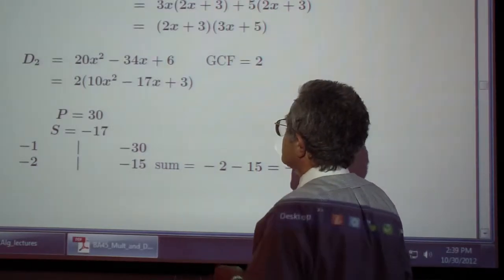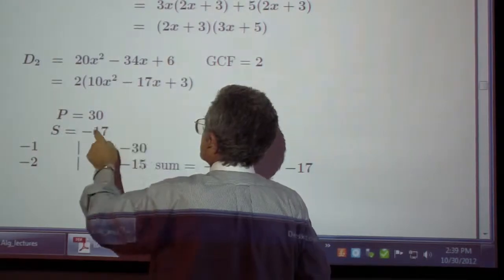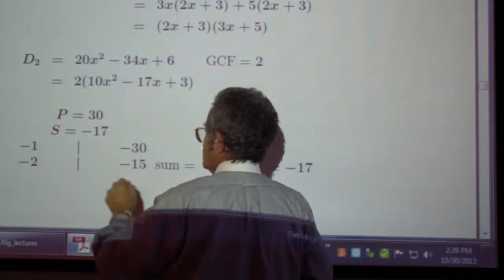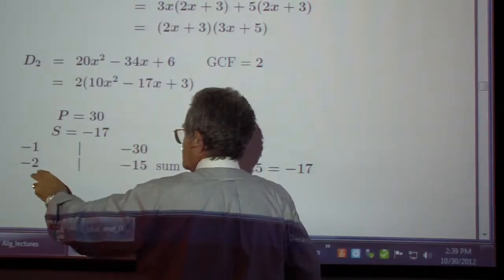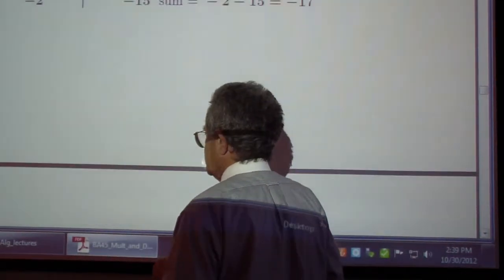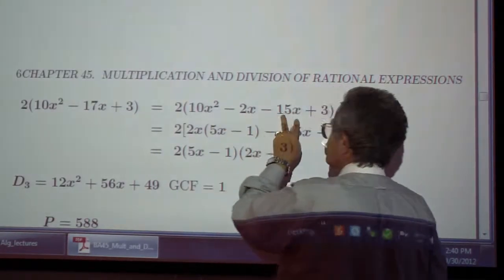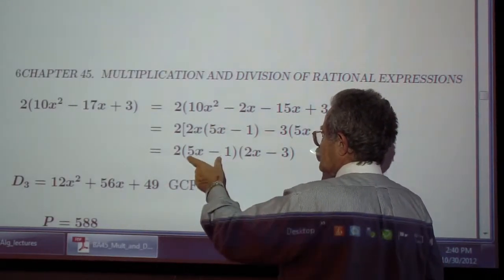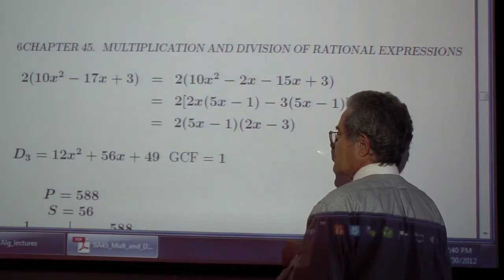Denominator 2, greatest common factor 2. And then 10 times 3 is 30 and negative 17. Magic numbers for this quadratic here, negative 2, negative 15. Pair them, factor out 5x minus 1, you're left with 2x minus 3.